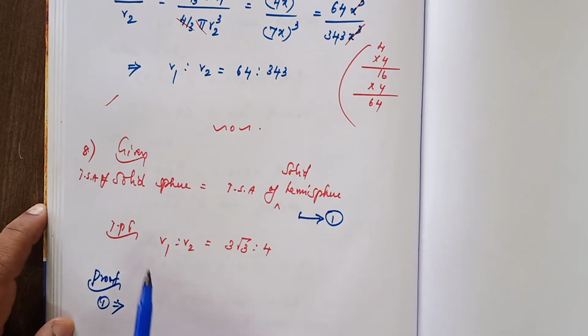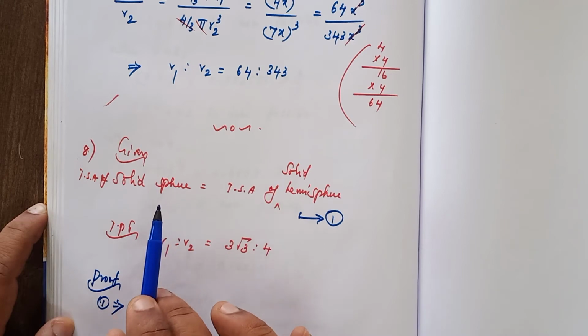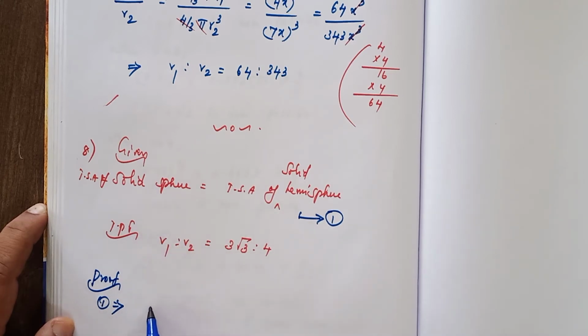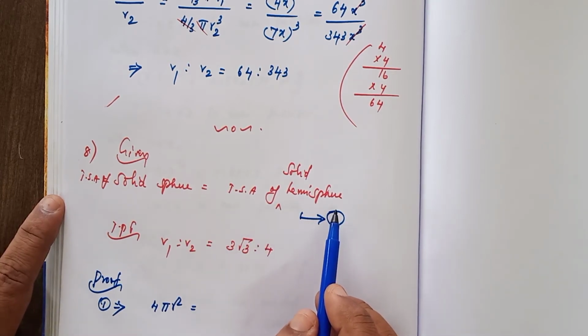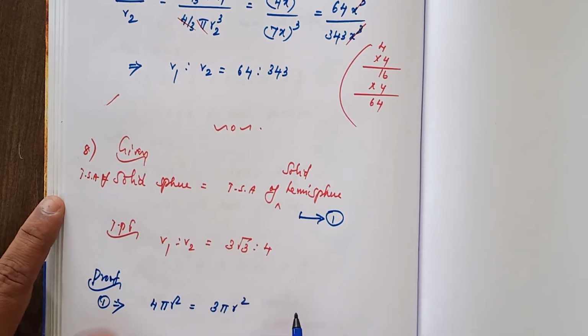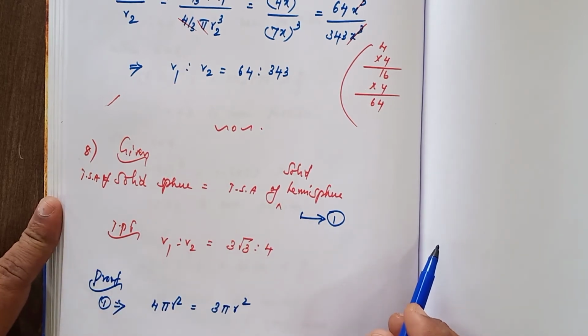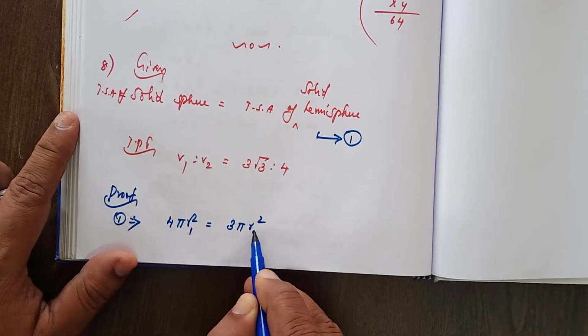Equation 1 implies TSA of sphere, that is surface area, curved surface area of a sphere, is the same, formula 4 pi r square. Total surface area of the hemisphere is formula 3 pi r square. Here only the total surface area is given, and the radii may be different, so you have to consider them as r1 and r2.